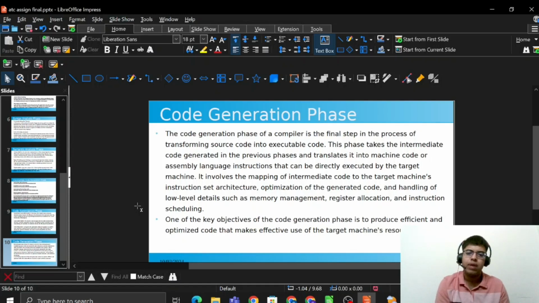It involves mapping the intermediate code to the target machine's instruction set architecture, optimizing the generated code, and handling low level details such as memory management, register allocation, and instruction scheduling. One of the key objectives of this phase is to provide efficient, optimized code which effectively uses the target's resources.